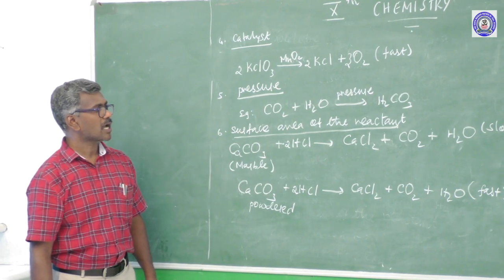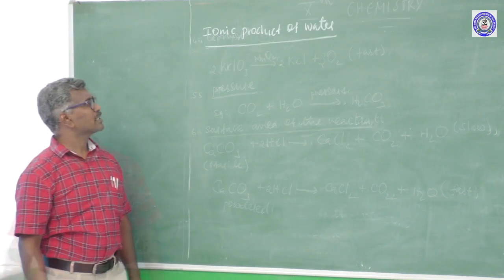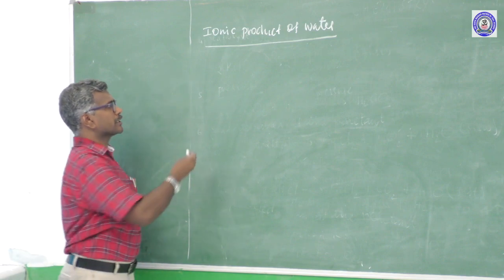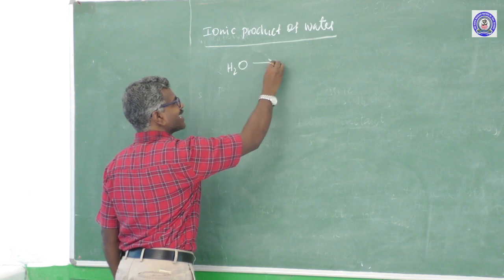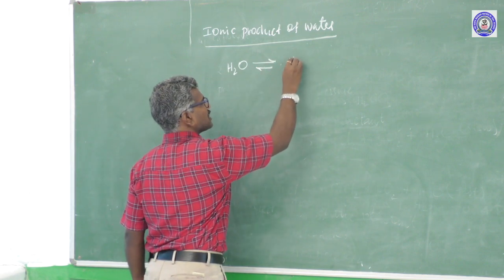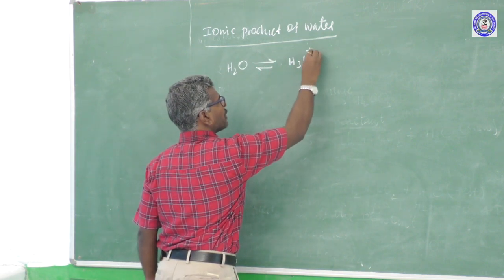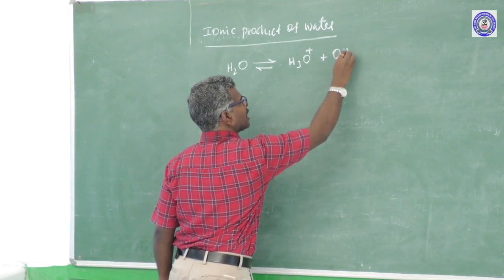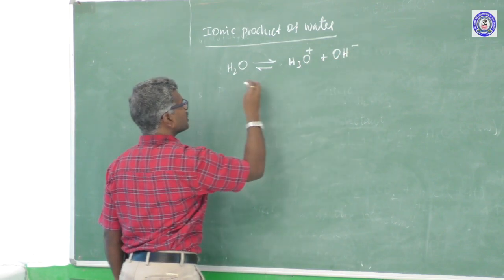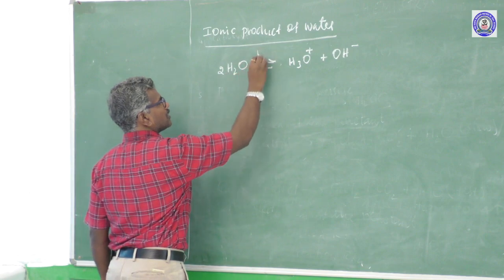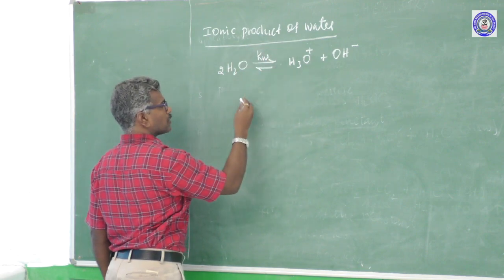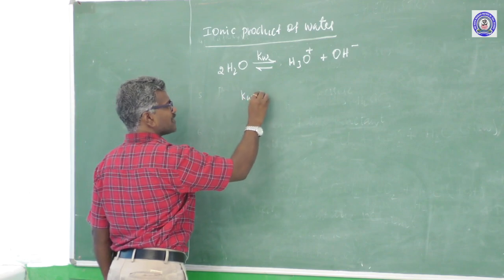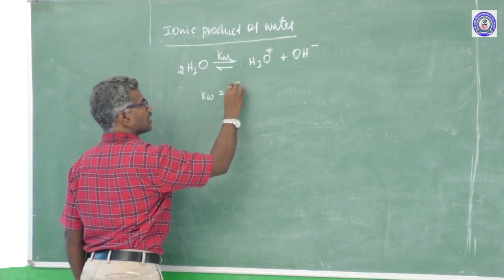Next topic is ionic product of water. Water is a weak electrolyte, forming hydronium ion and hydroxide ion. This is known as Kw. Kw is known as the ionic product of water. What is the definition for the ionic product of water?